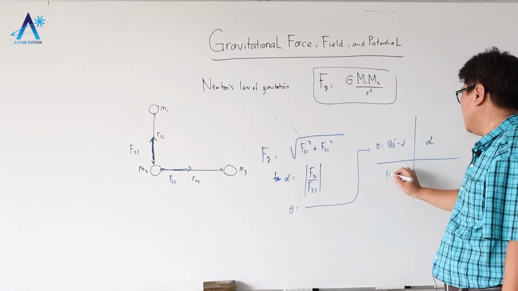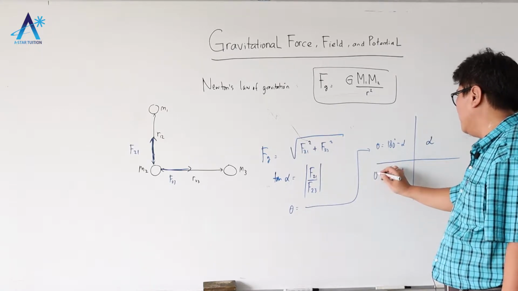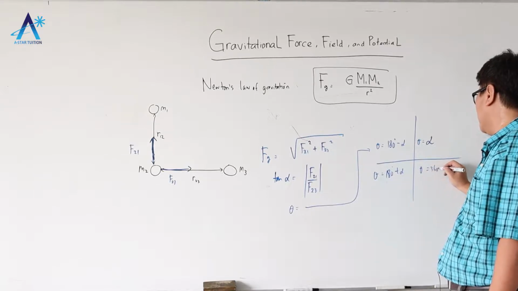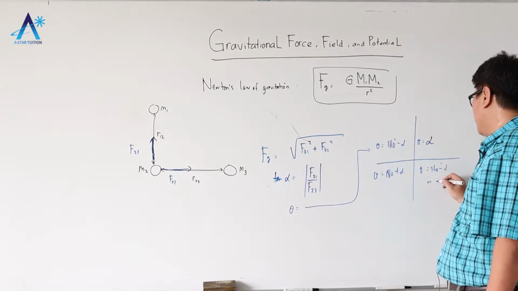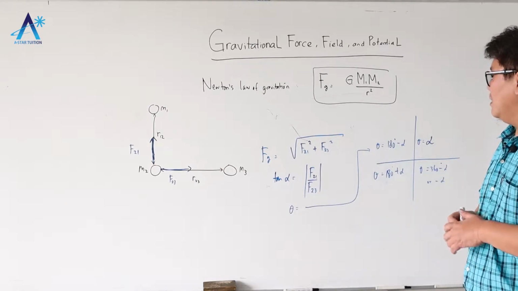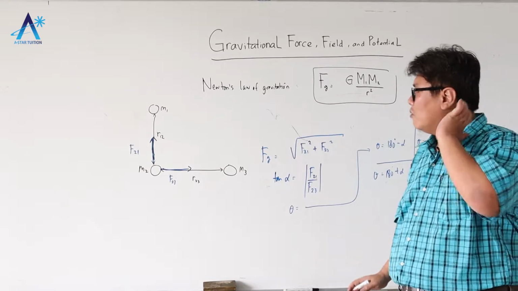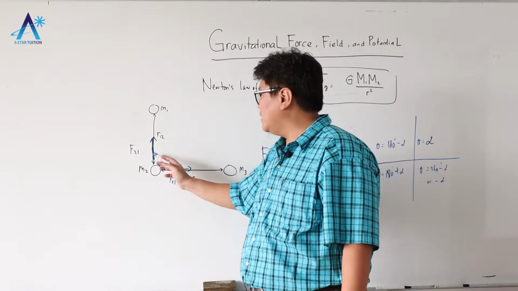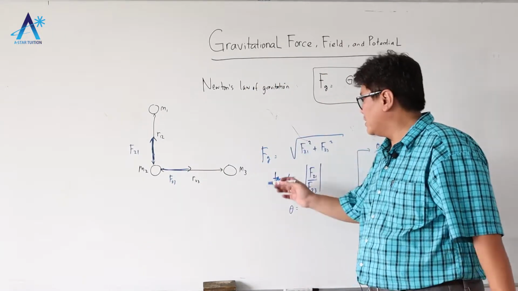This is 180 minus alpha, and this is 360 minus alpha, or simply minus alpha. So again, in this case, one factor is horizontal and the other is vertical, so you can just do it this way.